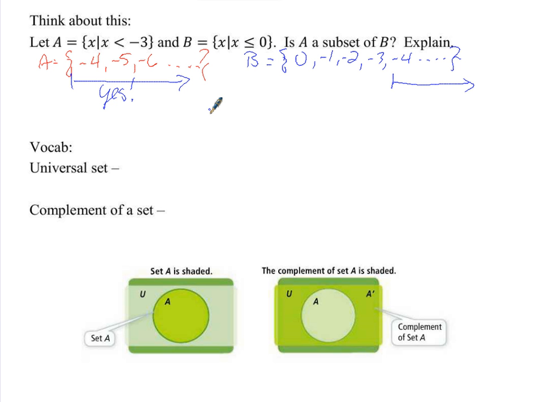All right, we have two more vocab words to talk about, the universal set and the complement of a set. The universal set is just the biggest set there is that you're working with.